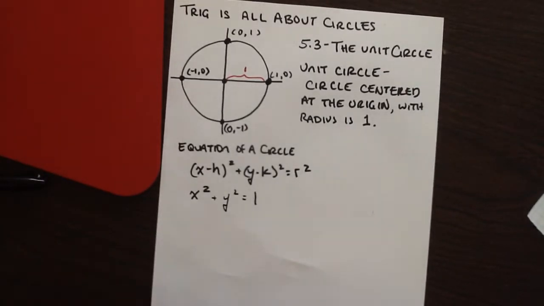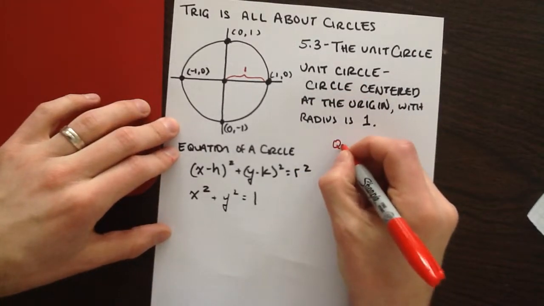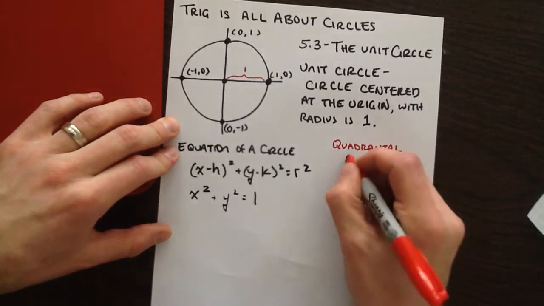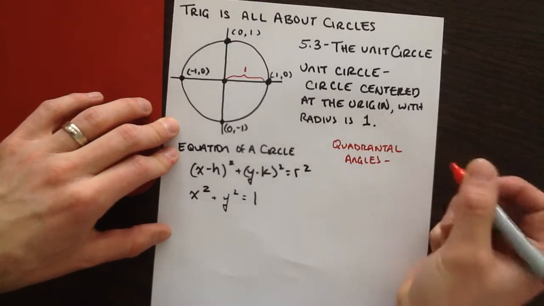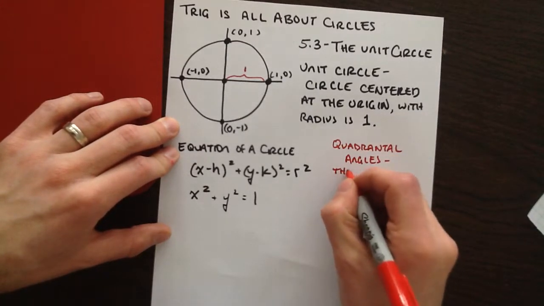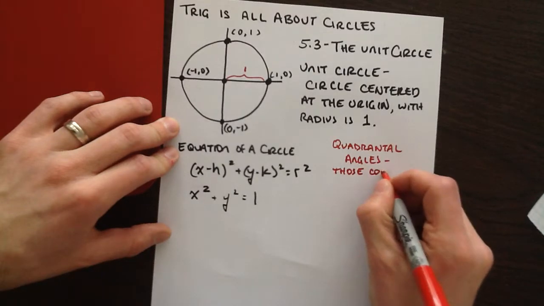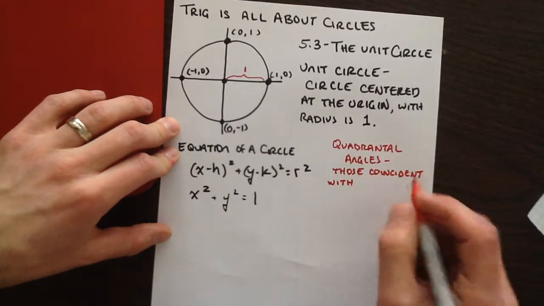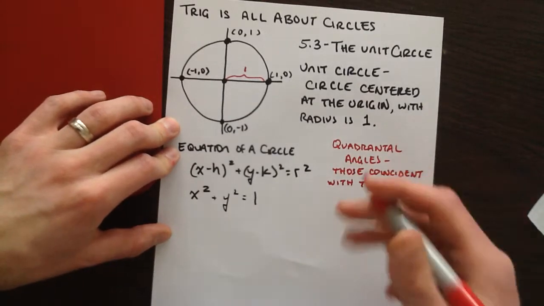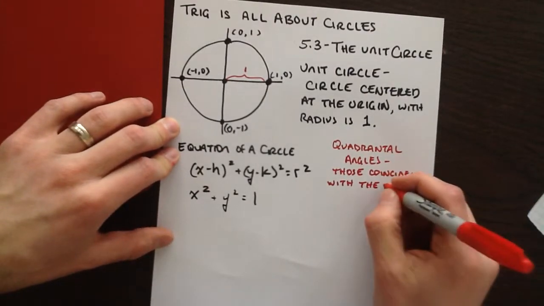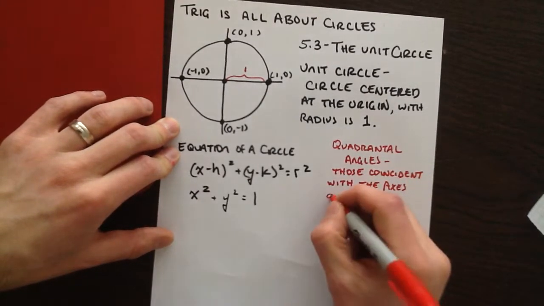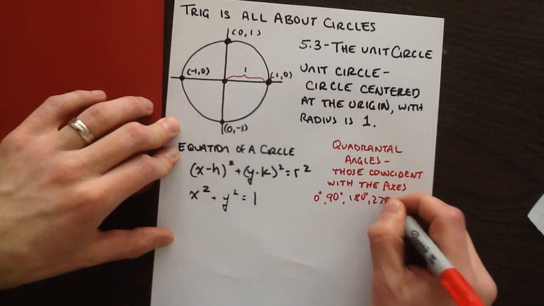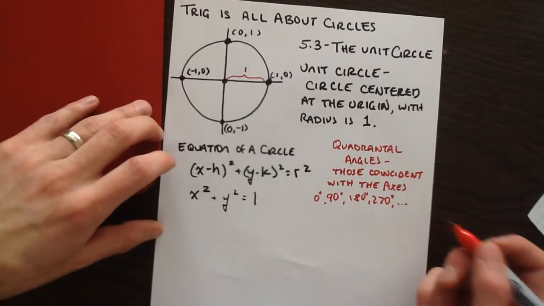Going back to a previous definition, quadrantal angles are those coincident with the axes, meaning they are the axes. That would be 90 degrees, or we can include 0 degrees, 90, 180, 270, and so on. Keep on going.